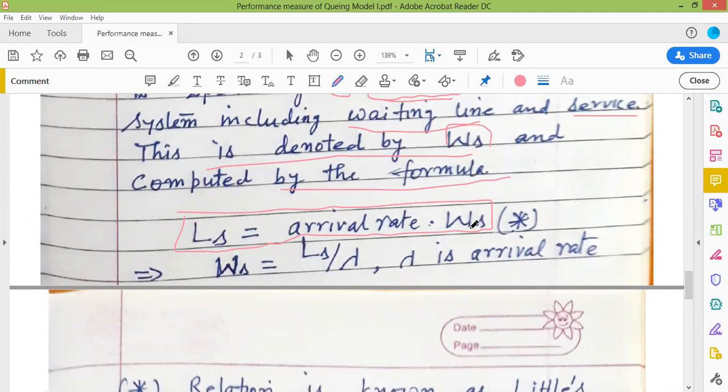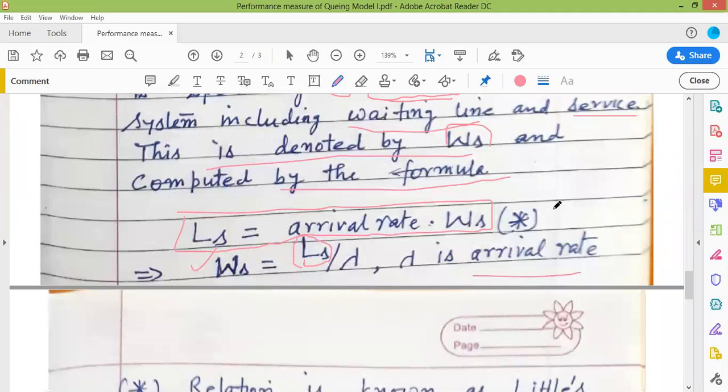We are interested in WS, but we have already computed LS, the length of the queue in the system. If we divide by the arrival rate, then WS is equal to LS upon lambda.